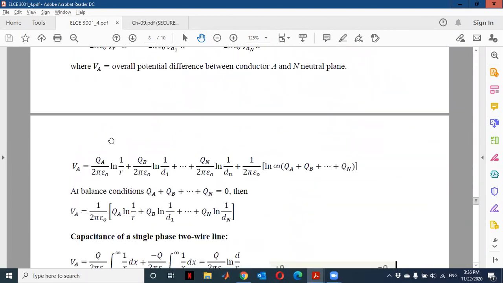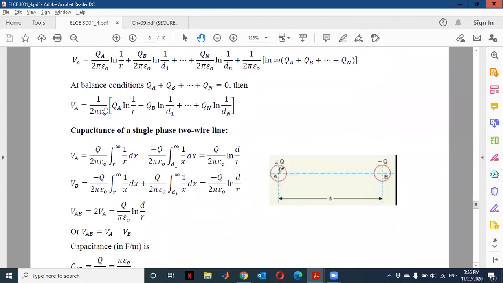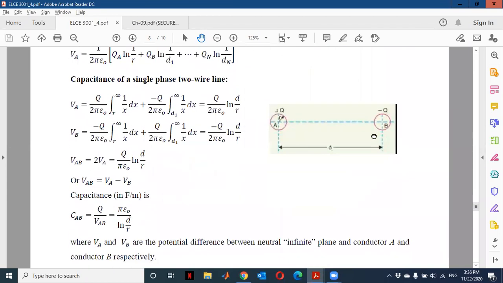Now, to calculate the capacitance, first we have a single phase, two wire line.